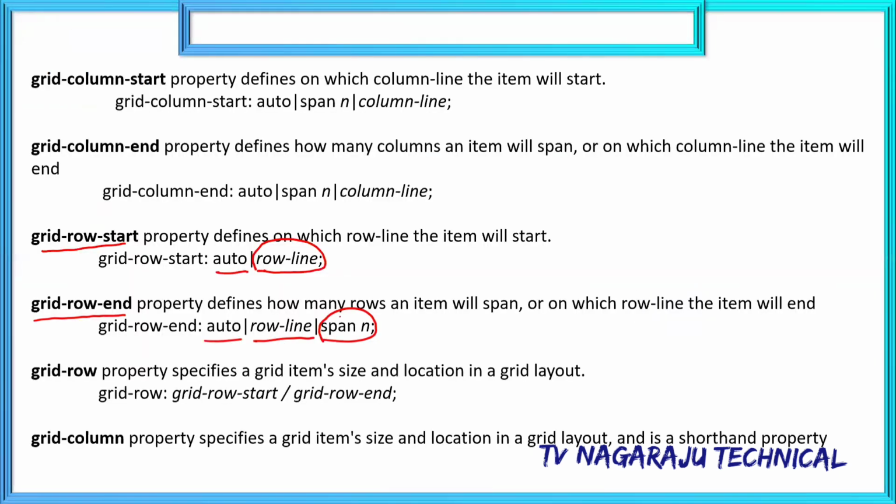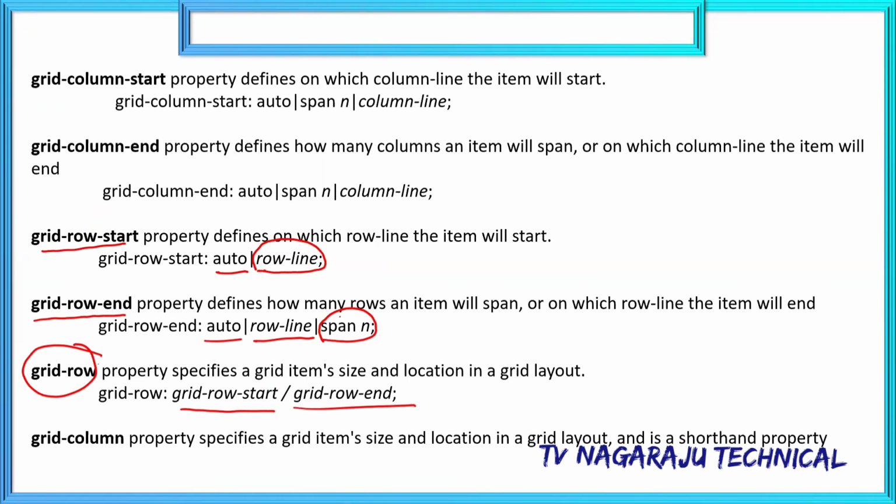This is grid row start, row end, column start and column end. We have a shorthand notation also: grid row. It specifies the starting and ending, so grid row start slash grid row end.